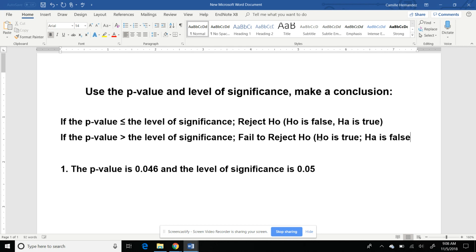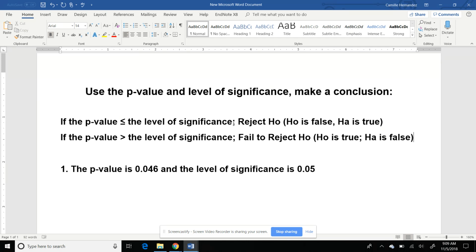So let's go through that again now that I've written this up. If the p-value is less than or equal to the level of significance, and remember that's the little fish, it could be a percentage or a decimal, you just need to make it a decimal. Most of the time you'll see these as 0.01, 0.05, or 0.10. So if it's less than or equal to the level of significance, you reject your null, which means the null is false and the alternative is true.